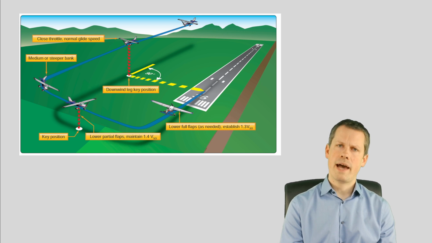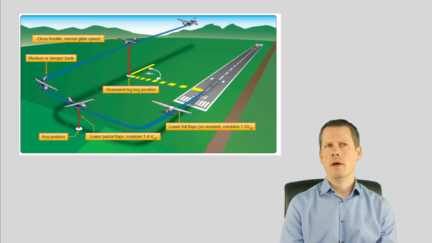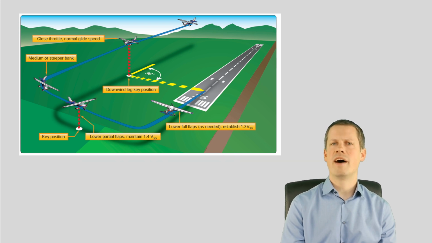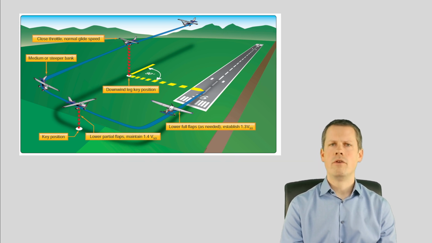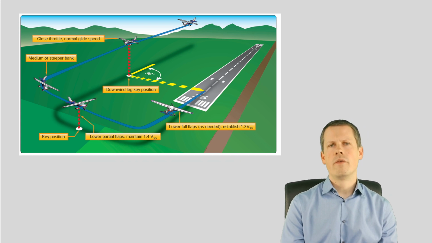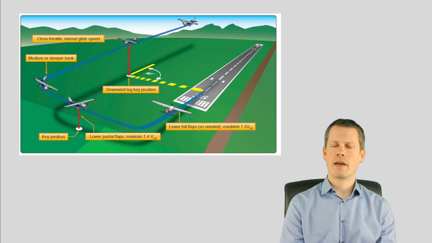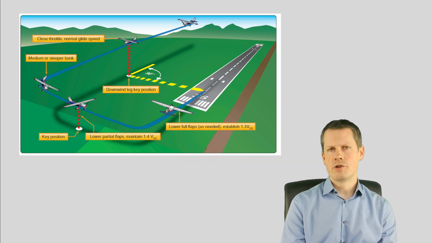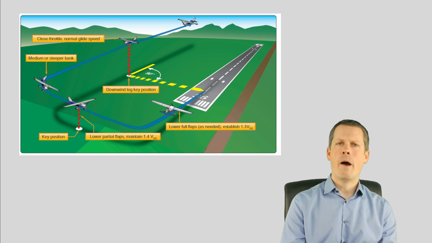Also, you should know your glide ratio. For example, if you have on your GPS a nearest airfield popping up 5 miles away, and you're at 5,000 feet, it's of course helpful if you know if you can make this distance or not. So there is no explicit number in the pilot's operating handbook of the Cessna 152, like for example 1 to 12 gliding ratio, but there's a chart from which I have extracted the gliding ratio to be roughly 1 to 9.